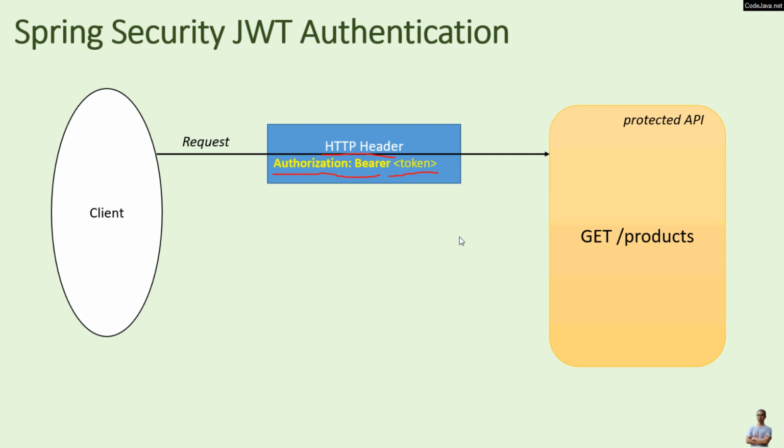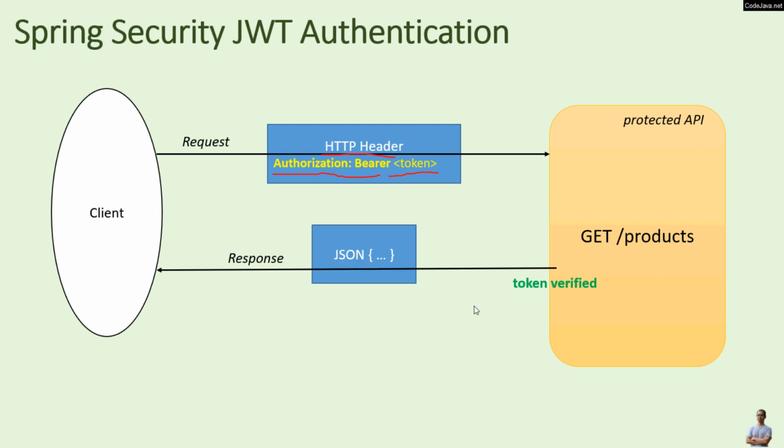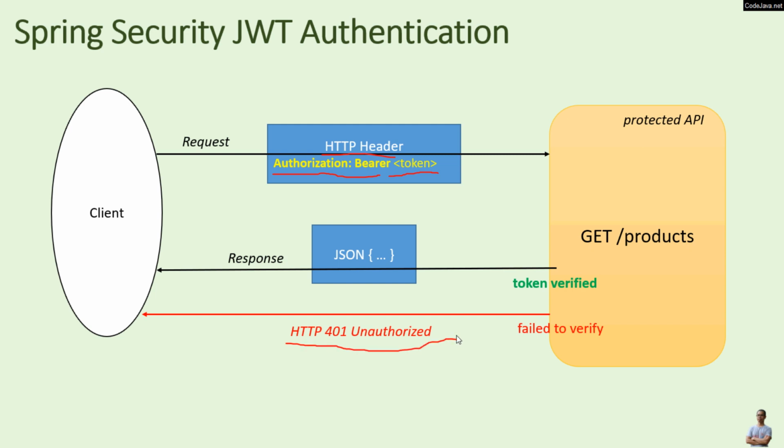Then the API verifies the token. If the token is verified successfully, the API returns the response as if the client were authenticated. Else, if it fails to verify the token, it returns an HTTP 401 unauthorized error.